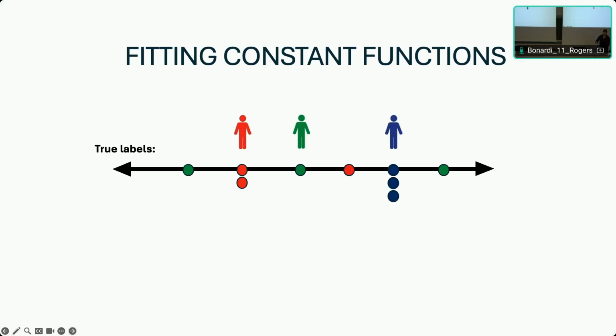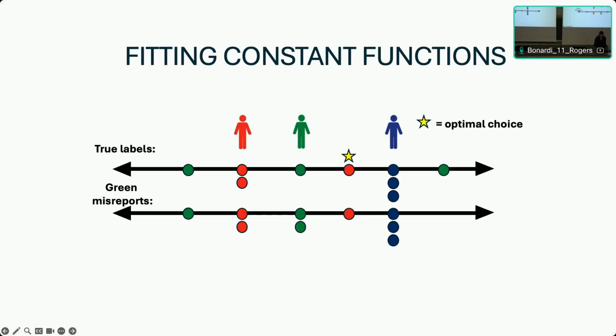Now if we introduce the other 2 agents, we can see that this star is the median, or the optimal for the mechanism designer. However, if we allow the green agent to misreport, even just 1 point, then the median has shifted. You can see it has moved to the green agent's optimal point, thereby benefiting him at a cost to the mechanism designer. And so this is why just selecting the median is not strategy proof.